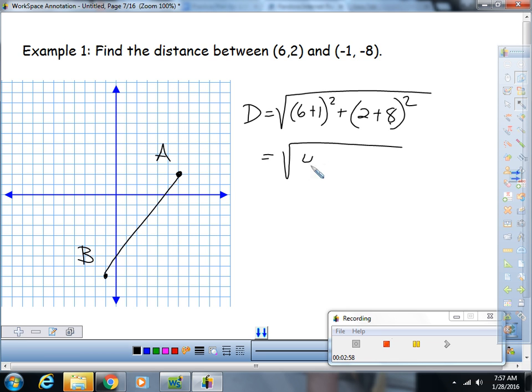So it's the square root of 49 plus 100, radical 149. 4 doesn't go into that, 16 doesn't, 9 doesn't, 25 doesn't, 36 doesn't. If 36 did, 9 would. 49? Nope. That's your distance, I think.